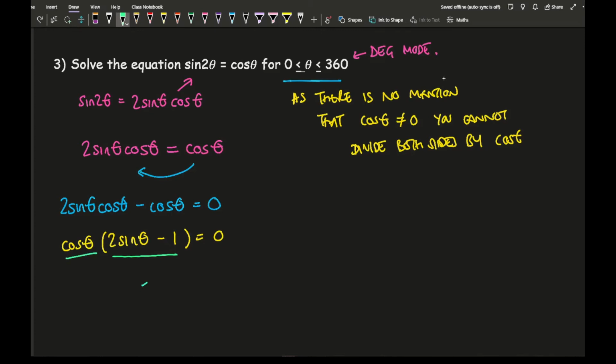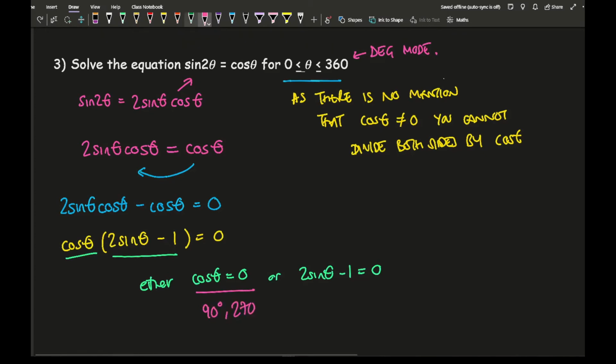So from this, either cos theta equals 0 or 2 sine theta minus 1 equals 0. Where in the region of 0 to 360 is cos theta equal to 0? It's at 90 degrees and 270.